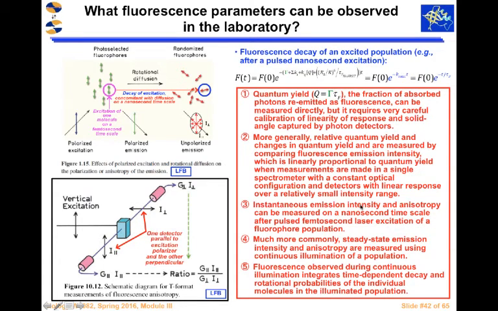As I showed you 2 slides ago, instantaneous emission intensity and anisotropy can be measured on a nanosecond time scale after pulsed femtosecond laser excitation of a fluorophore population. So we've already explained that. But much more commonly, steady-state emission intensity and anisotropy are measured using continuous illumination of a population. Again, under these circumstances, we're just going to turn the light on, leave the light on.